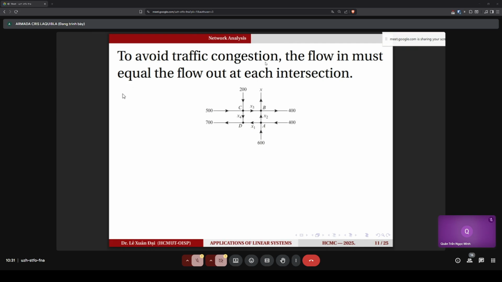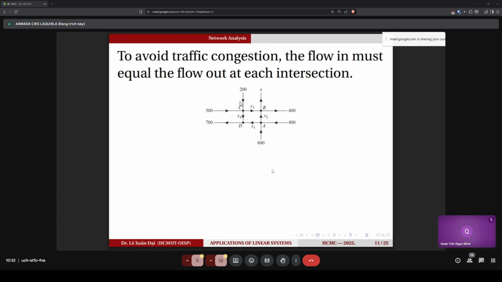So the flow in must equal the flow out at each intersection. So we label them. The points there are the intersections C, B, A, and D. And this one we just assume are the following direction, which is correct, right?